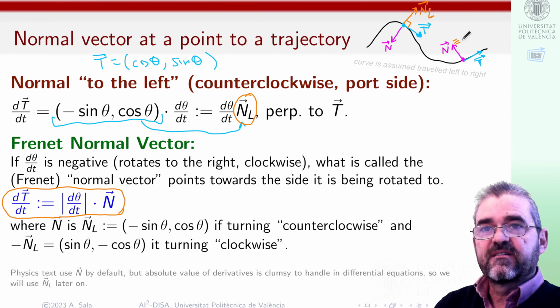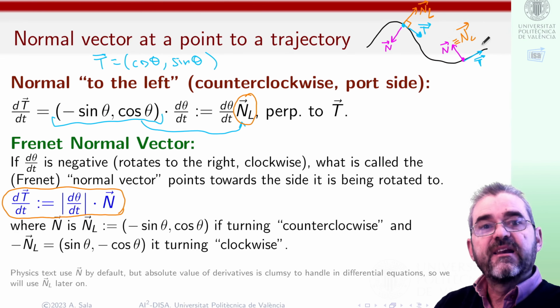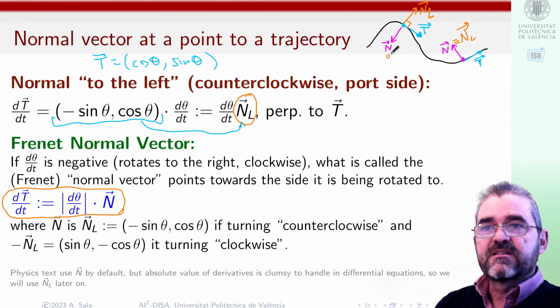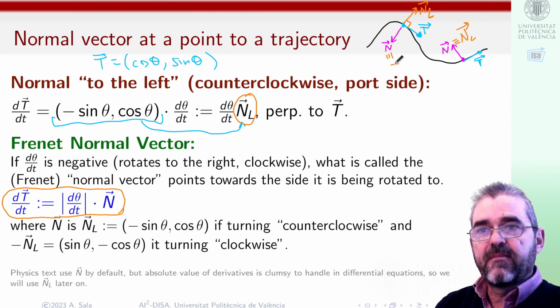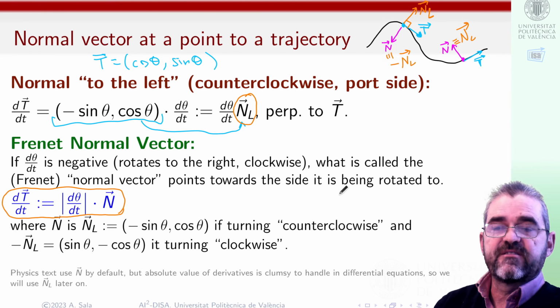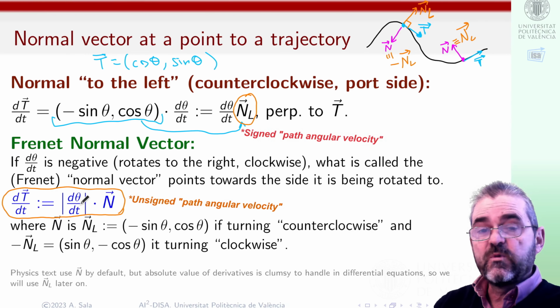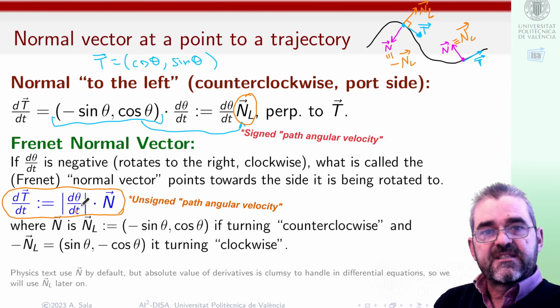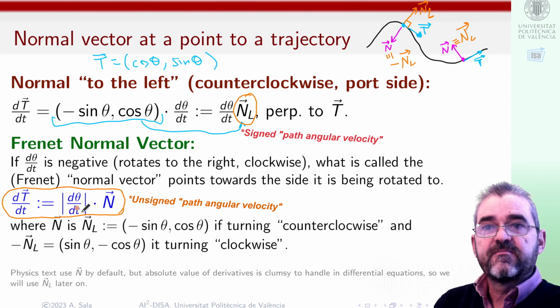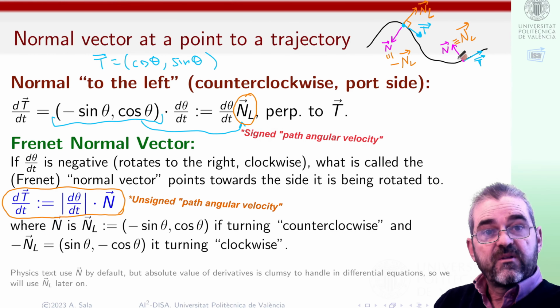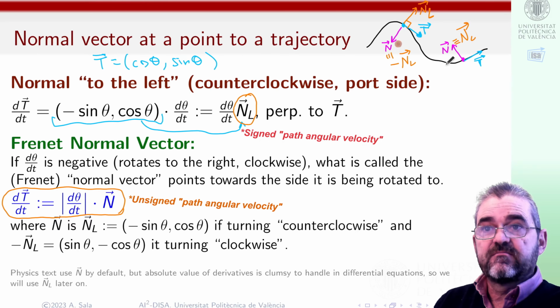So this is equal to our normal left, but in this case, this normal will be minus our normal left. So in planar curves, the angular velocity will be always considered without its sign. Curvature will be always positive, and it's the normal vector the one which will change sign.